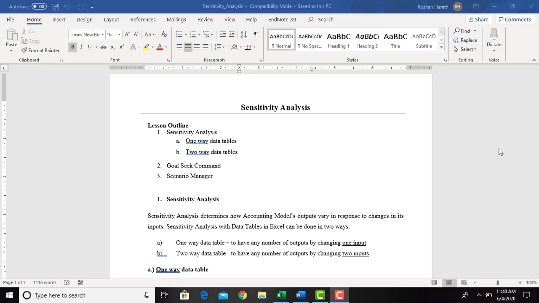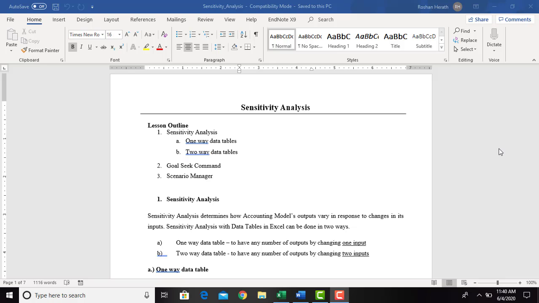Today we are going to discuss sensitivity analysis. Under this sensitivity analysis, we are going to discuss three important tools that are available in your spreadsheet package.